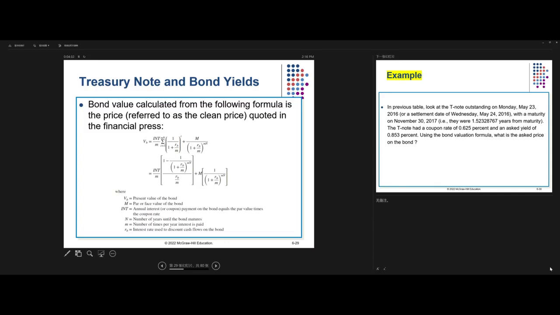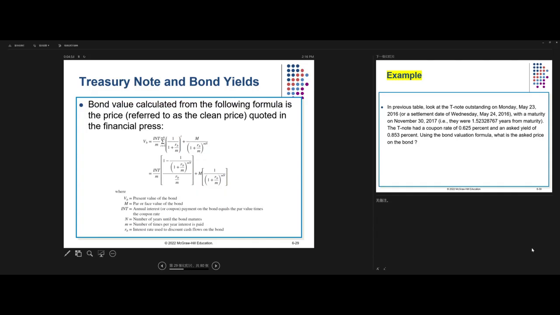So the bond value calculated from the following formula is the price referred to as the clean price quoted in the financial press. So you see here, VB is the present value of the bond, INT is the interest payment, and this is the interest payment per year, so annual interest payment.